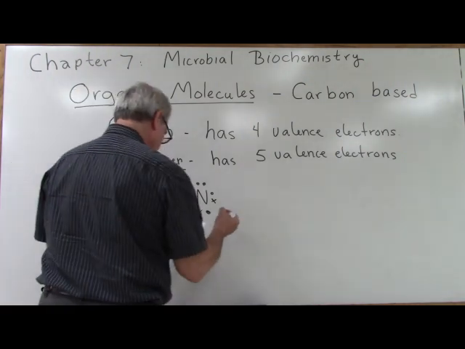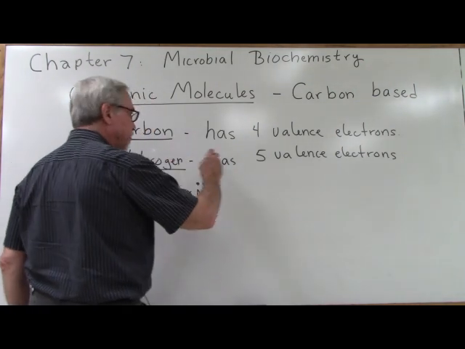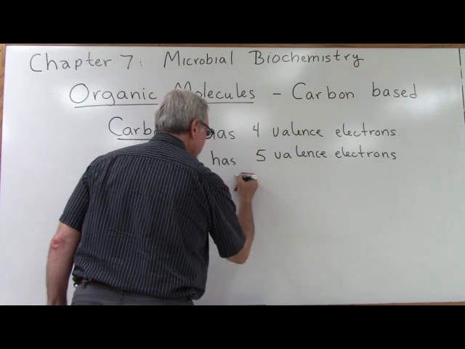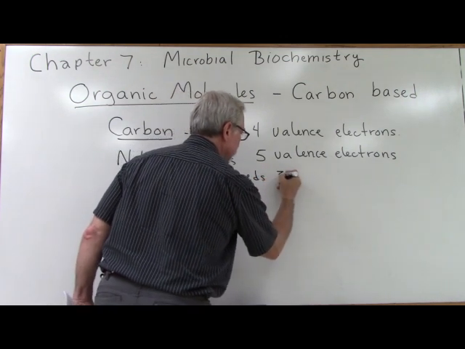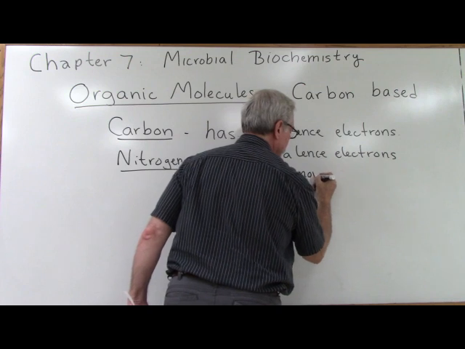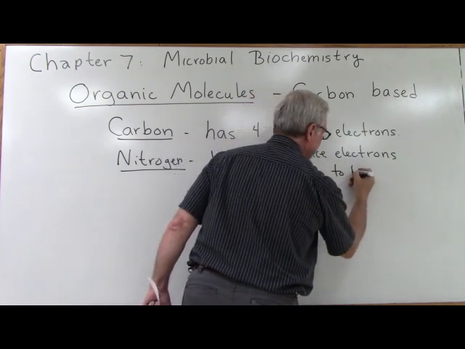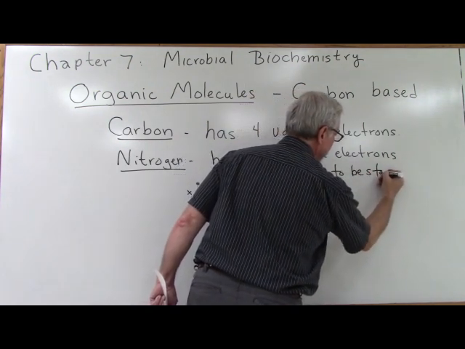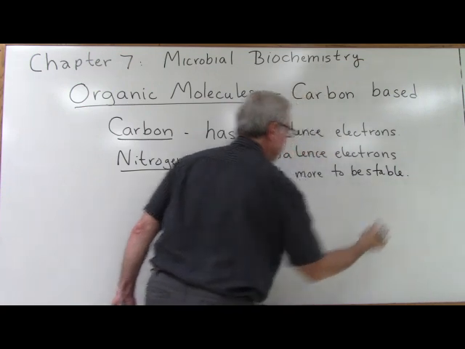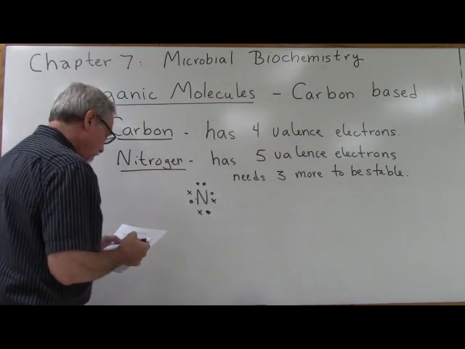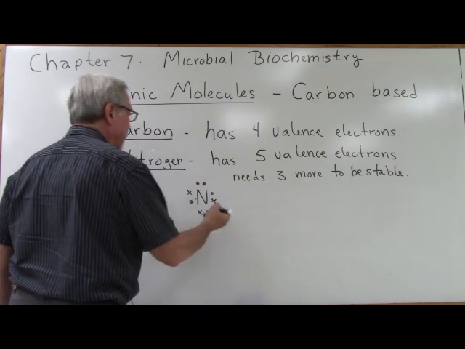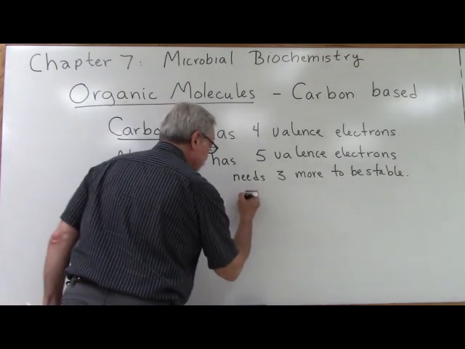So nitrogen has 5 valence electrons. It needs 3 more to be stable. And so it can readily interact with up to 3 other atoms.